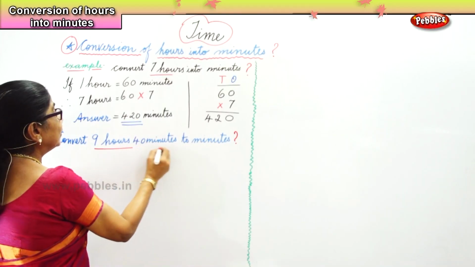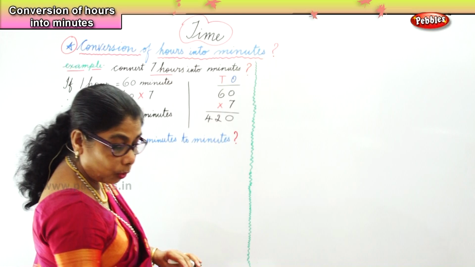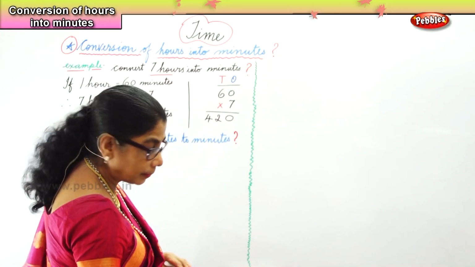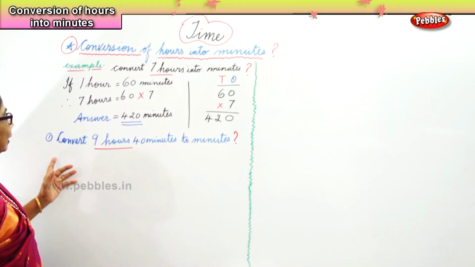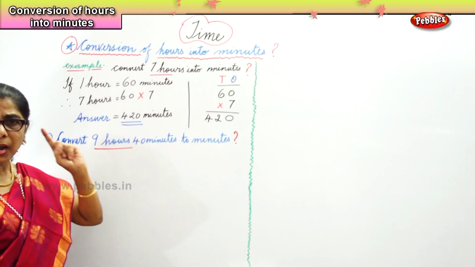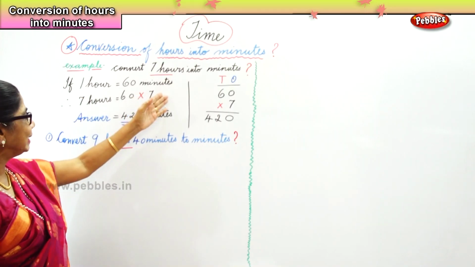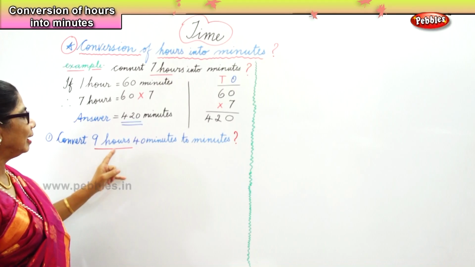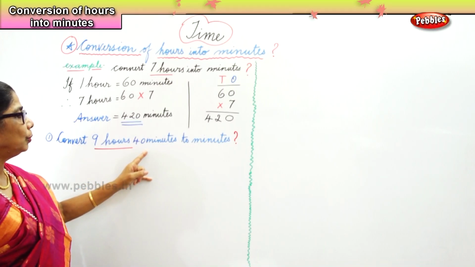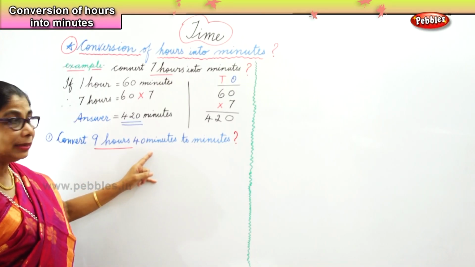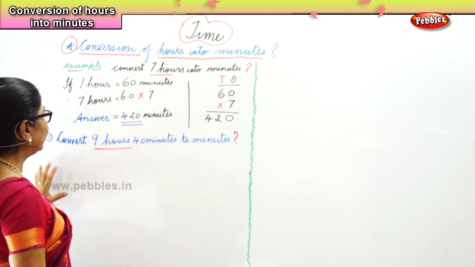What will be the first statement? The first statement will be, if 1 hour is equal to 60 minutes, then 9 hours and 40 minutes equal to how many minutes? That's what we're going to find out.